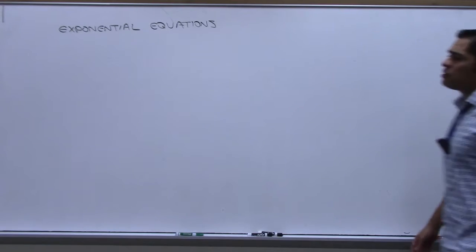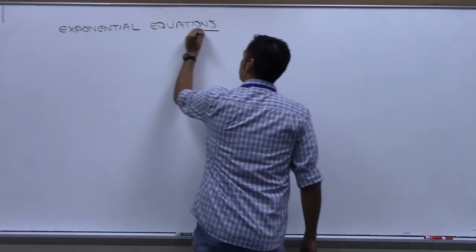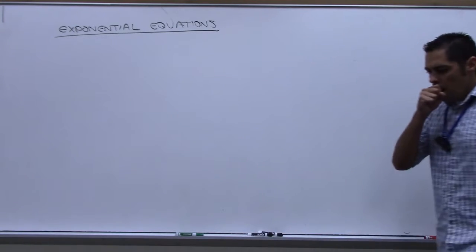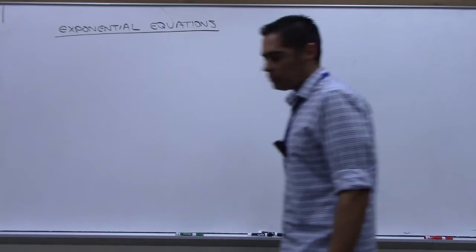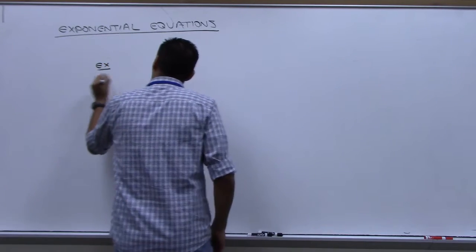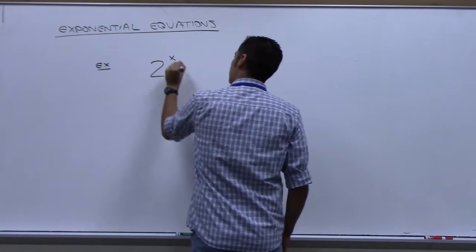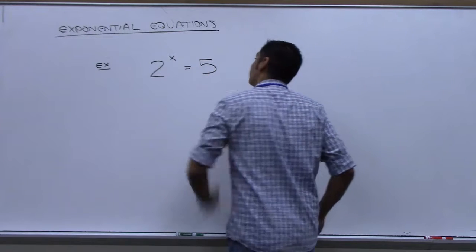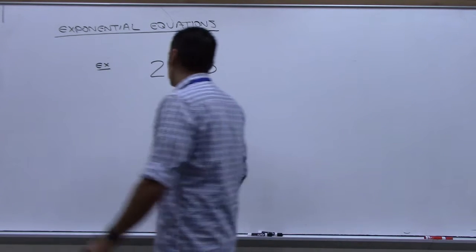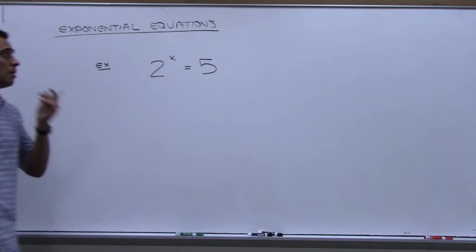All right, exponential equations. We should be somewhat familiar with this because we did start tackling this idea before. We had run into a problem like this where we couldn't do it by hand. So we said, okay, 2 to what power is 5? Well, we don't know what that is.